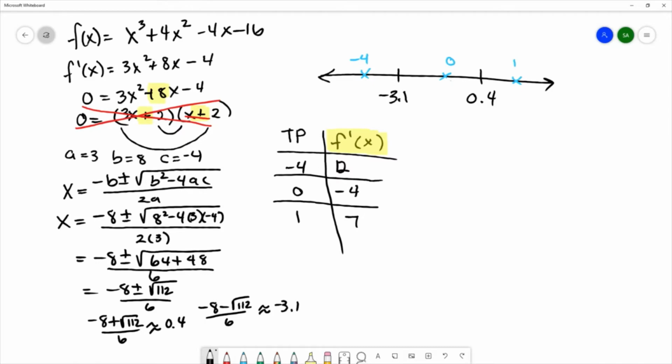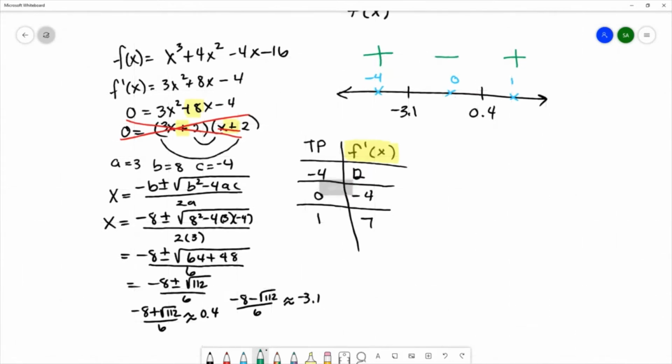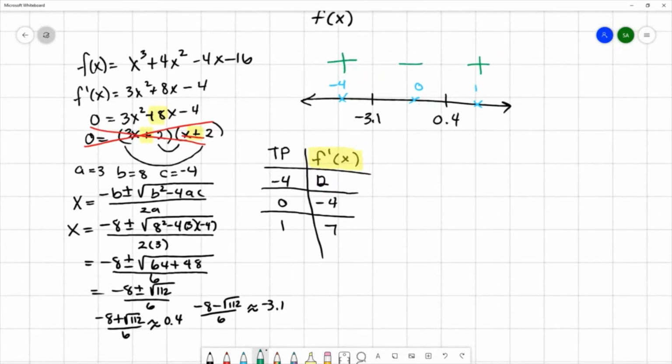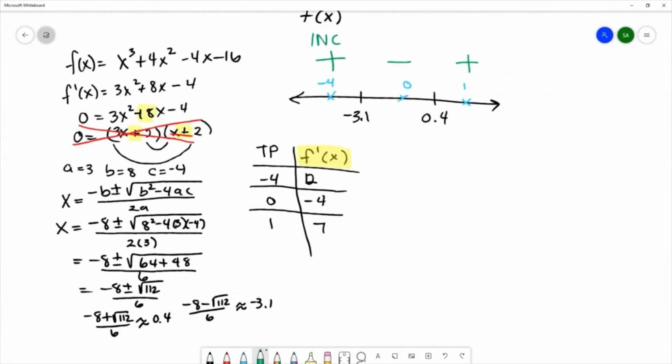So we get in that first interval positive, and the next one negative, and the next one positive. So what that tells me is that the function is increasing, decreasing, and then increasing.